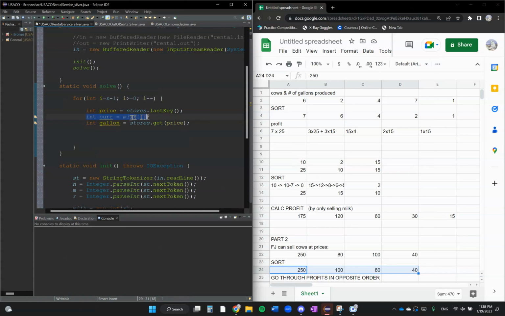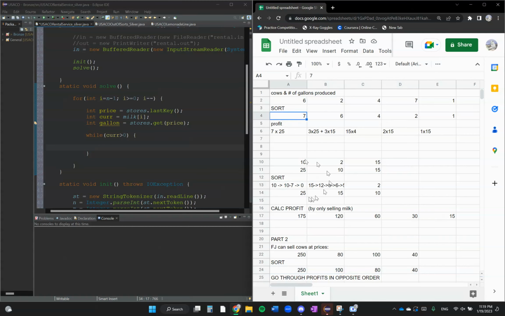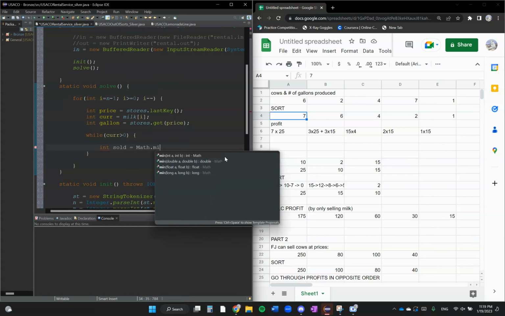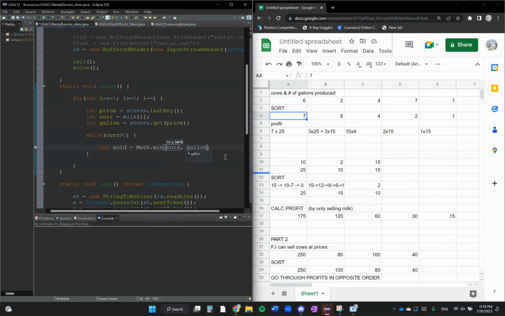So while the amount of milk we can sell from this cow is greater than 0, so while current is greater than 0, then what we have to do is see how much milk is remaining, so how much gallon is, and then we have to sell as much milk as possible. So let's say int sold equals Math.min(current, gallon).